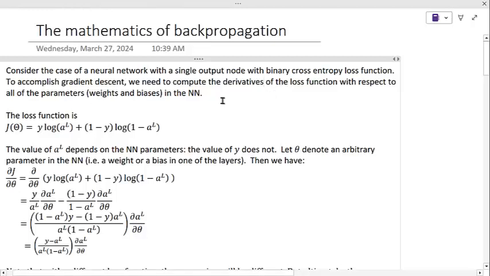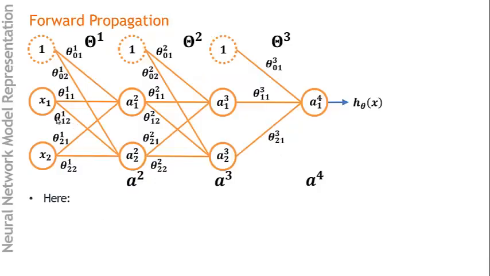All right, so in this case, if I have binary cross-entropy, the loss function is here, where y is the target, and AL is the final output of the neural network. Just to remind you of our notation, in this simple neural network, we have the input layer with inputs, then we have hidden layers with nodes.